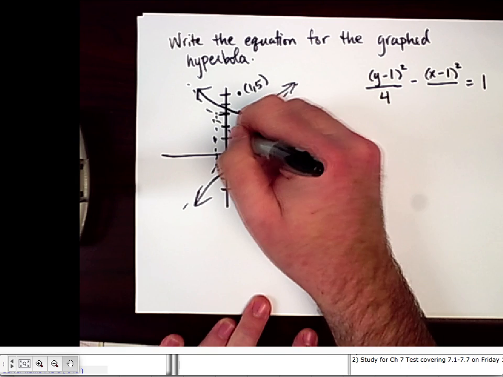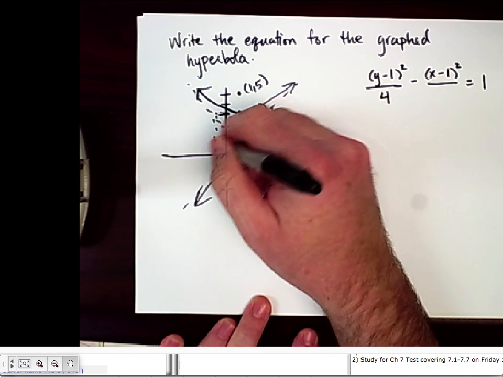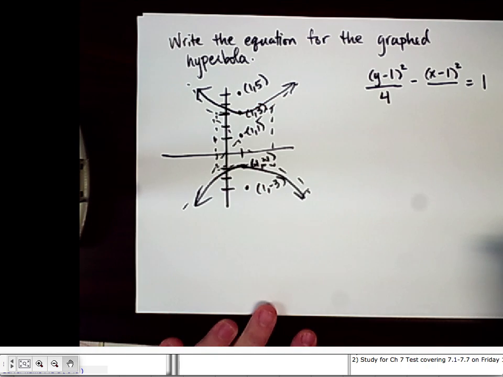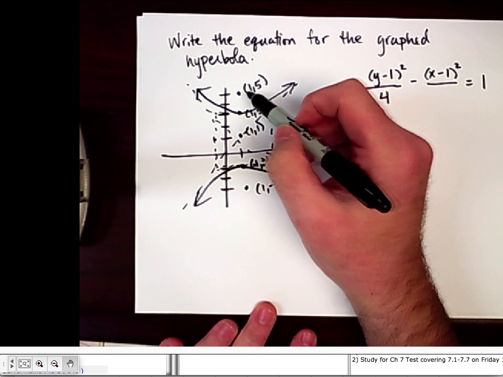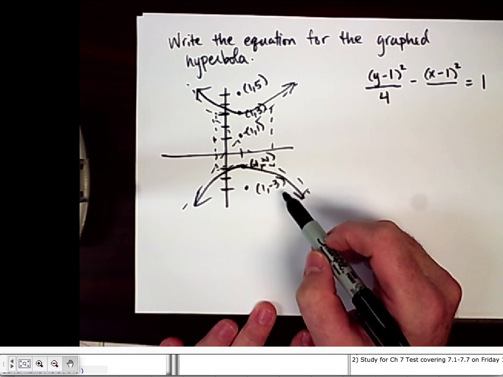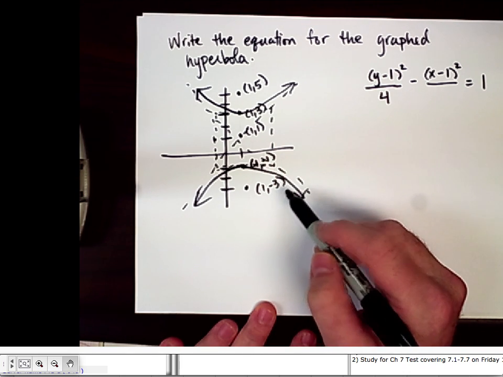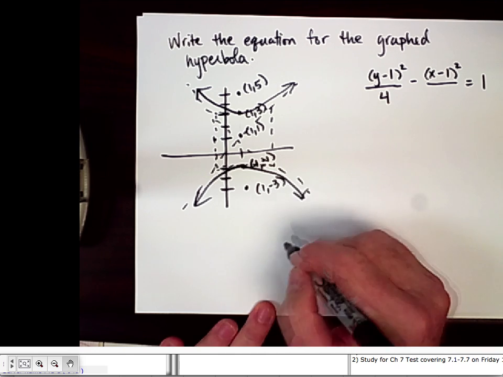Problem is we don't know this distance. So we knew our a squared, but we don't know our b squared. But what else do we know? There's a focus at 1, 5, and a focus at 1, negative 3. So what is c?